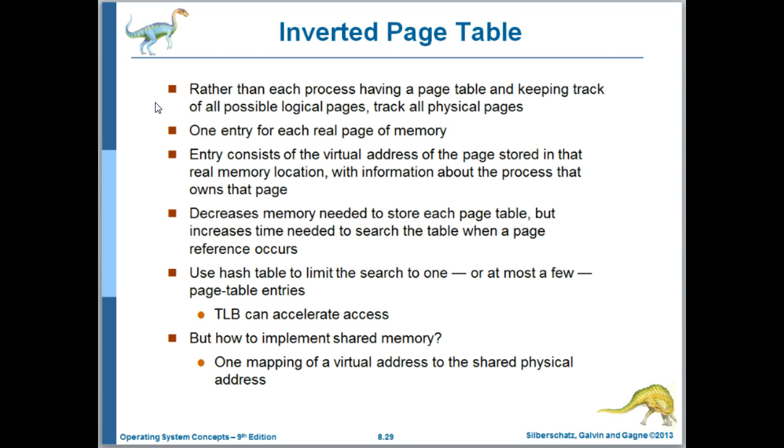I'll pause here for a second so you can hit pause to look at these bullet points. One of the complicating factors here is that the way an inverted page table works, it's a mapping from a frame to a process. So implementing shared memory is a little complicated when using an inverted page table.